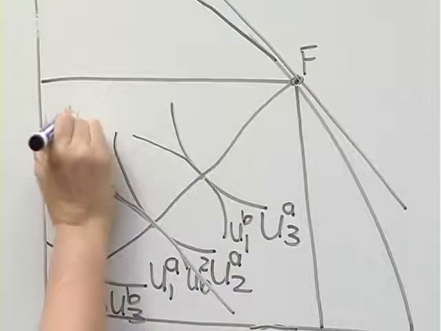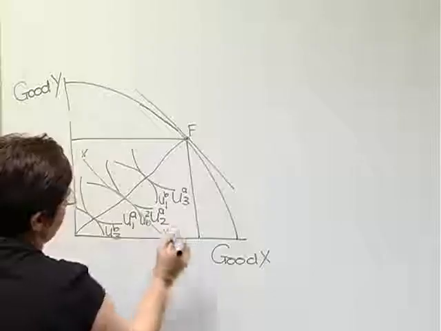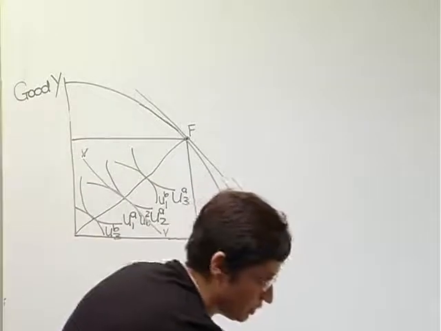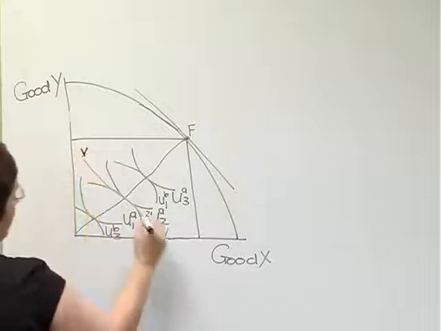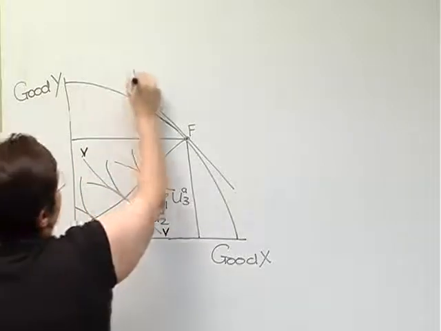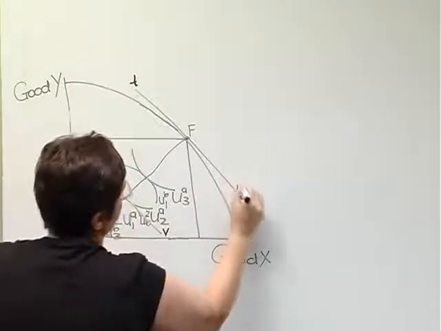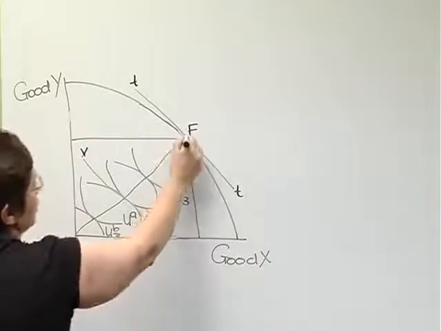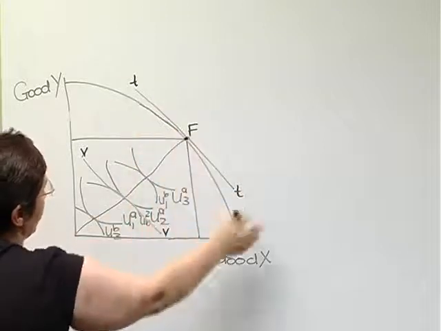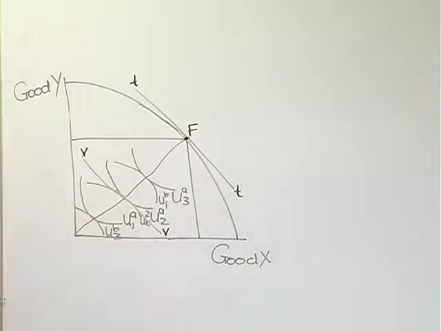So say that is V, and let's say that is line T, and that is point F. So that point we get because it's parallel, and we say there is now simultaneous consumer and producer equilibrium.